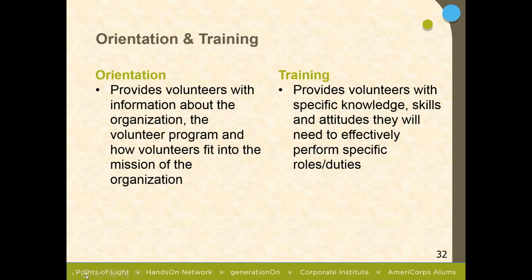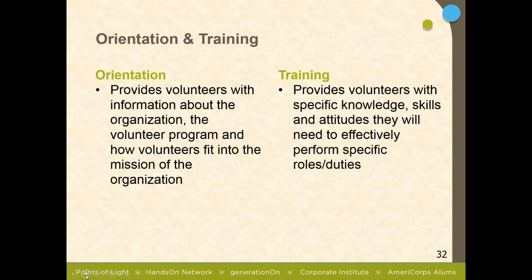And that orientation is an opportunity to provide our volunteers with information about the organization and the volunteer program, and really making sure that the volunteers fit into the mission of the organization. Whereas training provides volunteers with specific knowledge, skills, and attitudes that they will need to effectively perform roles and duties.